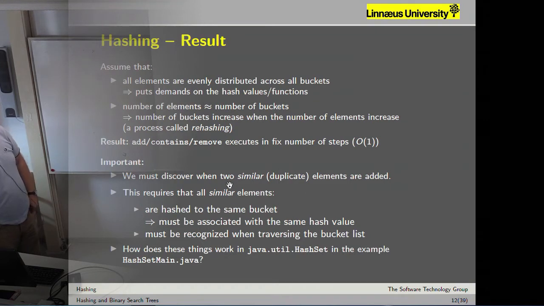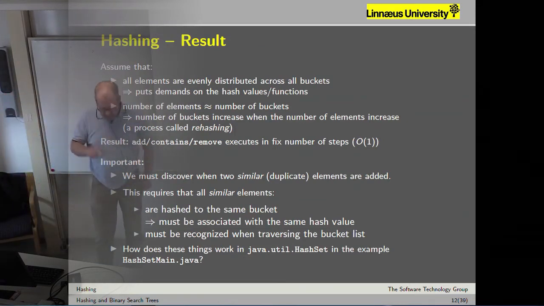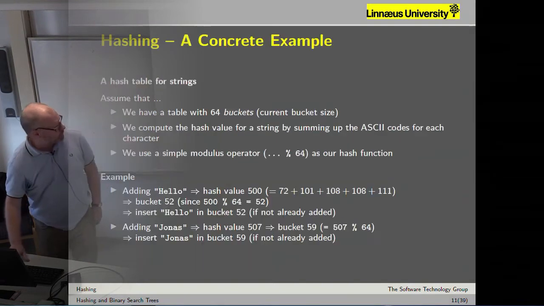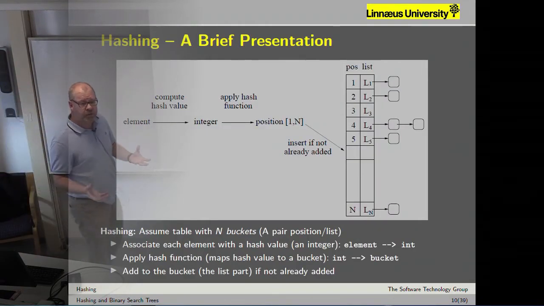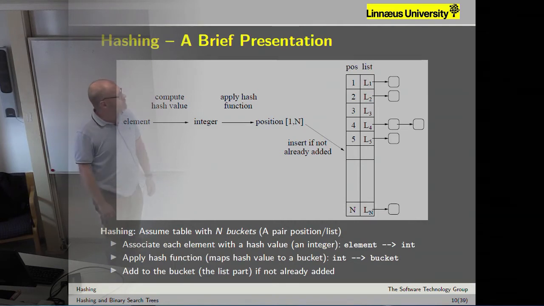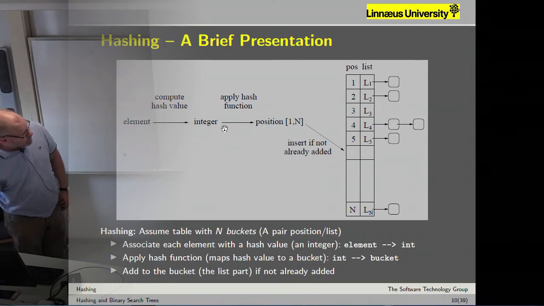Important. We must discover when two duplicate elements are added. If I'm adding two elements that are considered to be the same, what parts must work in this case? Similar means they must be associated with the same integer.